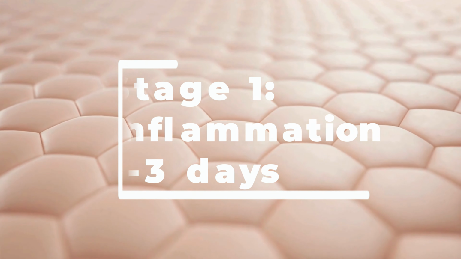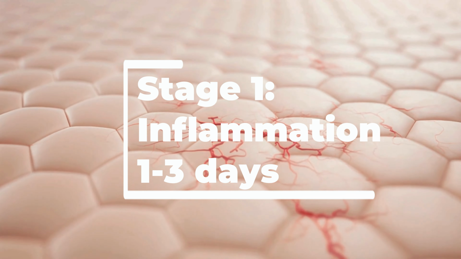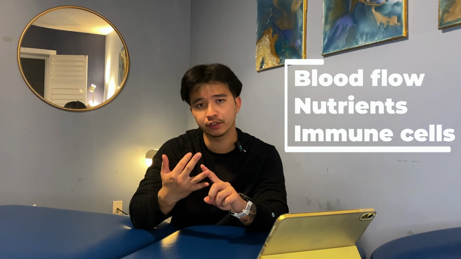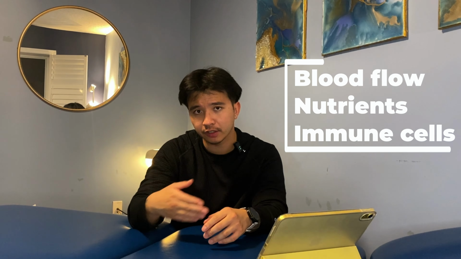When tissues are damaged at a cellular level, the body triggers inflammation. The inflammation begins the healing process. Inflammation is good, but only when it doesn't stick around for too long or slow down the rehab process. Inflammation is also good because it brings blood flow, nutrients, and immune cells to start that cellular healing process.